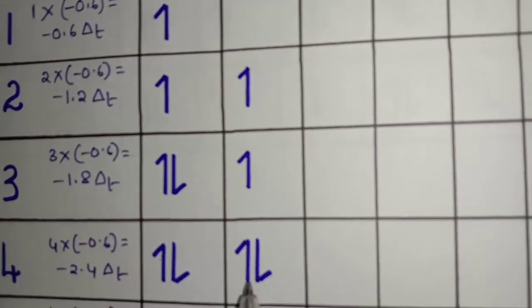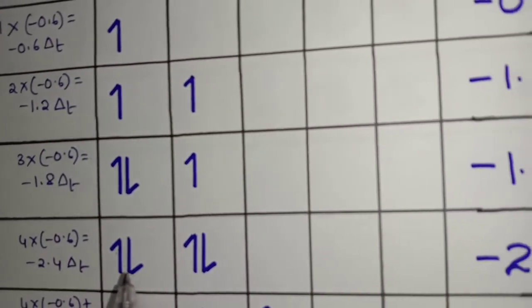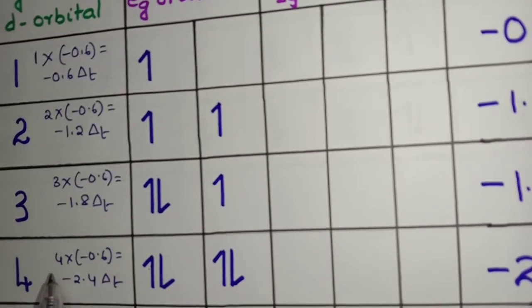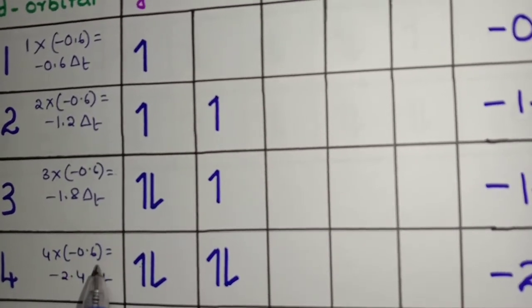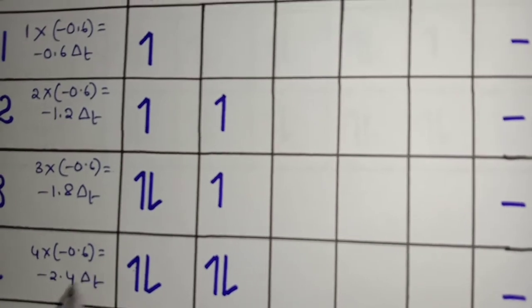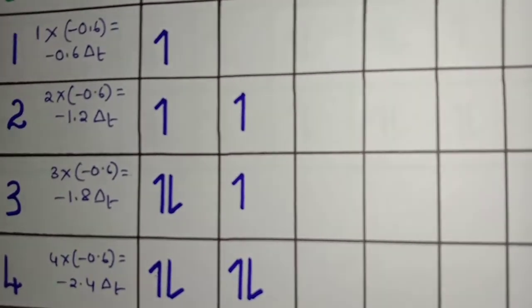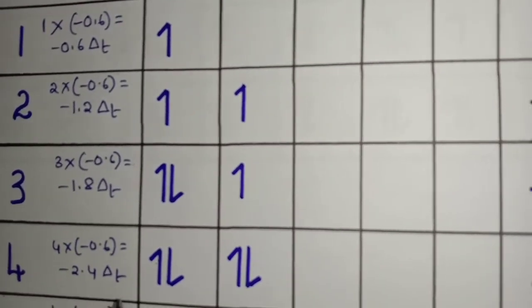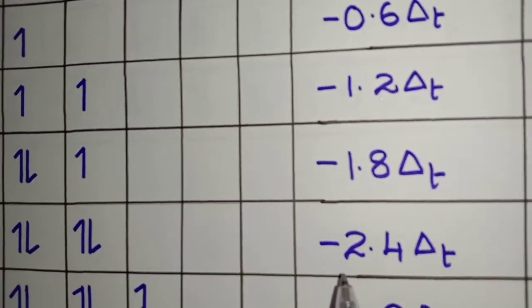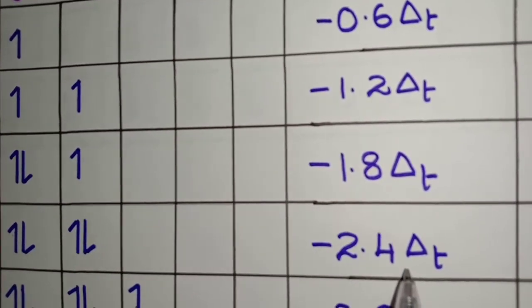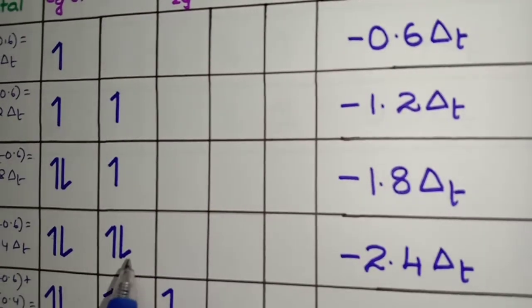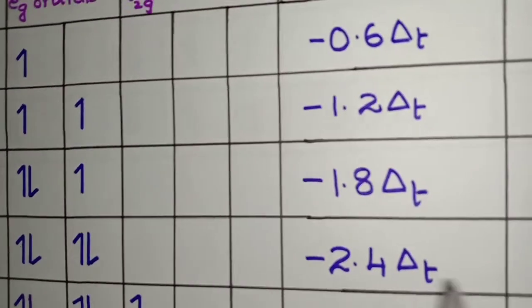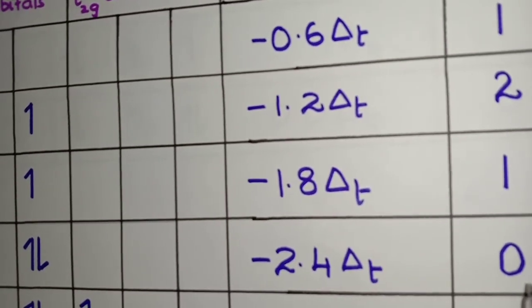Calculation of CFSE, 4 into minus 0.6, which becomes equal to minus 2.4 delta T units. Look here, I have written the same here, minus 2.4 delta T. How many number of unpaired electrons students? No unpaired electrons. So, I mentioned here 0.